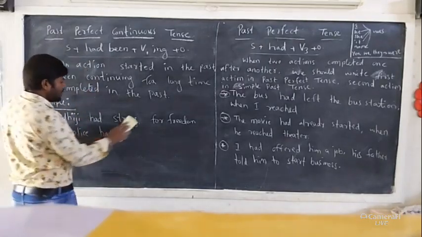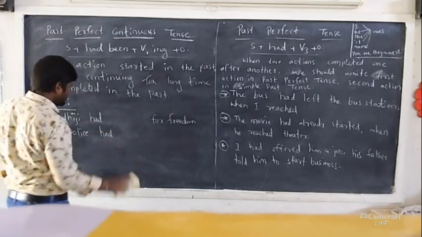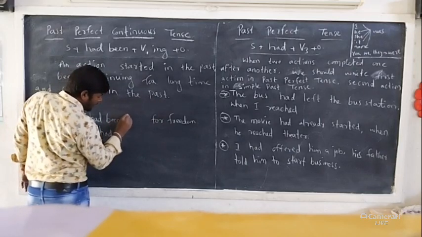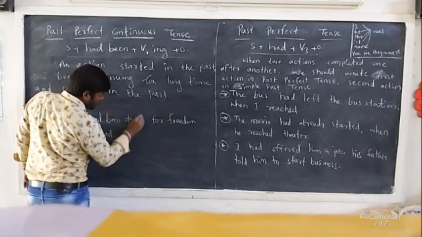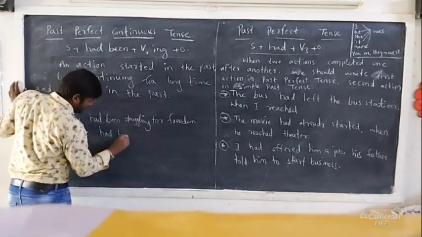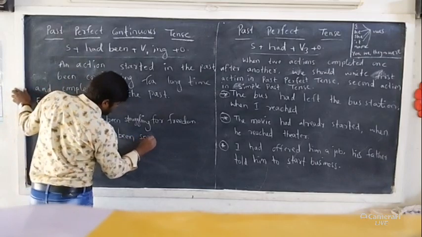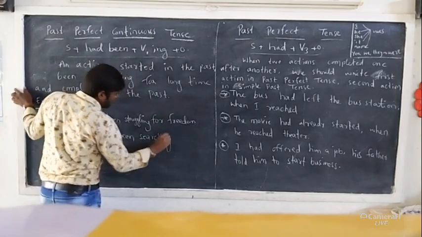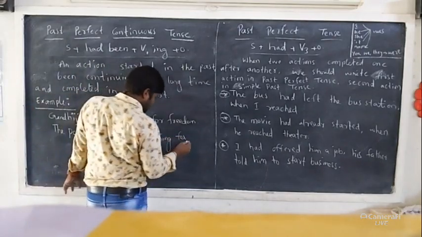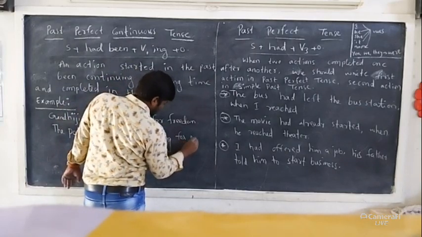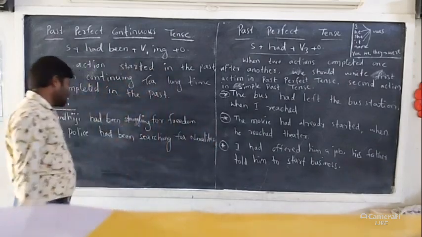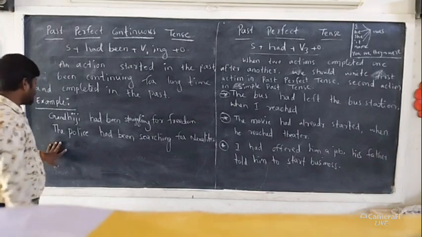We actually have written this in past perfect, but we should write: had been struggling for freedom, and the police had been searching for Naxalites in old days.